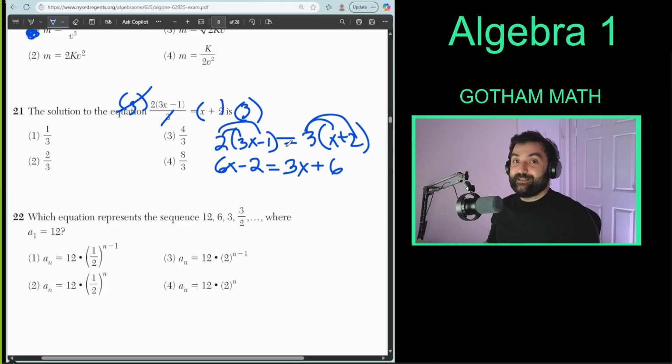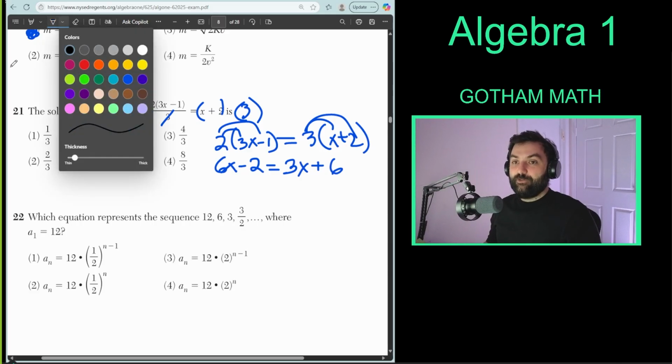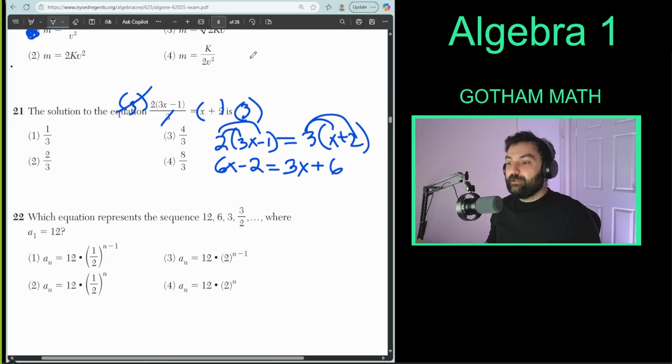And by the way, guys, I'm going to make a video on how this type of equation is solved differently in the United States and in other countries, because they are solved differently. The American way to solve an equation like this would be balancing.